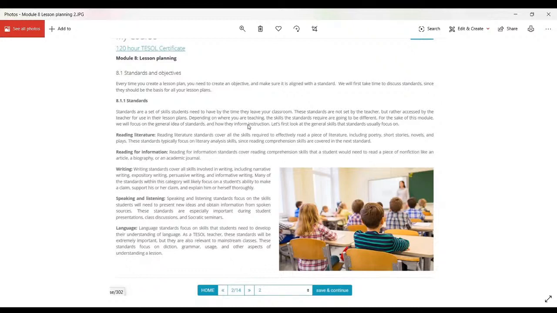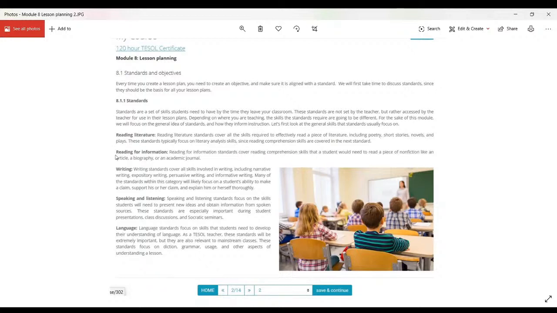Depending on where you are teaching, the skills the standards require are going to be different. For the sake of this module, we will focus on the general idea of standards and how they inform instruction. Let's first look at the general skills that standards usually focus on.